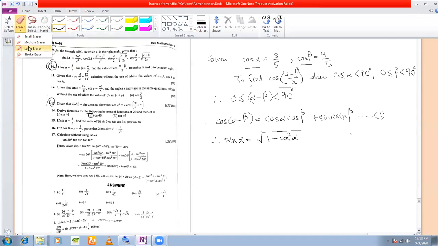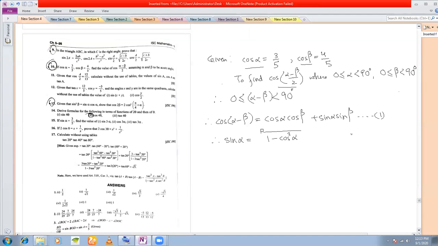We'll take the root later on. Sin square alpha is 1 minus cos square alpha. 1 minus cos square alpha means 1 minus (3 by 5) square, 1 minus 9 by 25, 25 minus 9 divided by 25, which is 16 by 25.